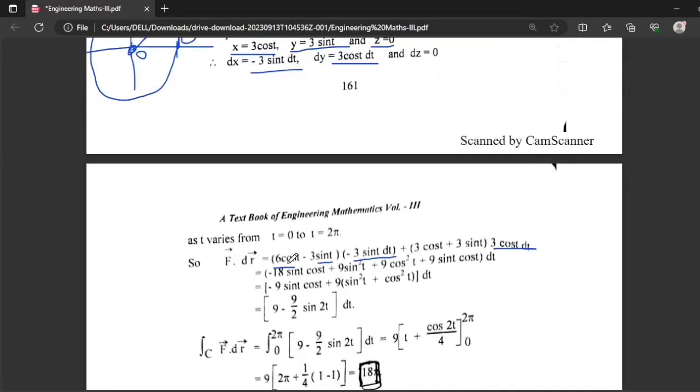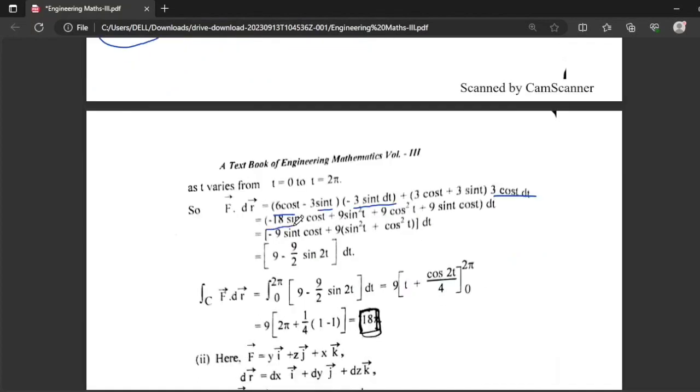So it is 6 multiplied by 3 is 18, minus 18 cos t sin t, that is sin t cos t, and minus minus plus 9 sin square t plus 9 cos square t plus 3 into 3, 9 sin t cos t. So it's minus 18 plus 9, which is minus 9 sin t cos t, and 9 is common, remaining is sin square t plus cos square t.